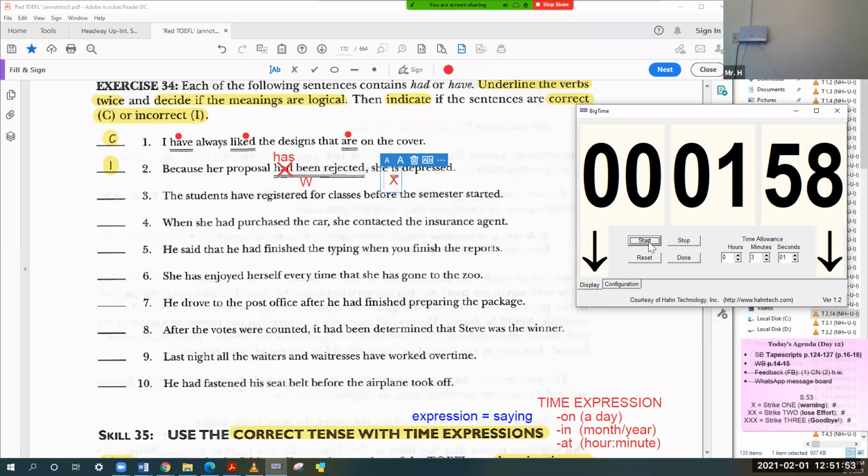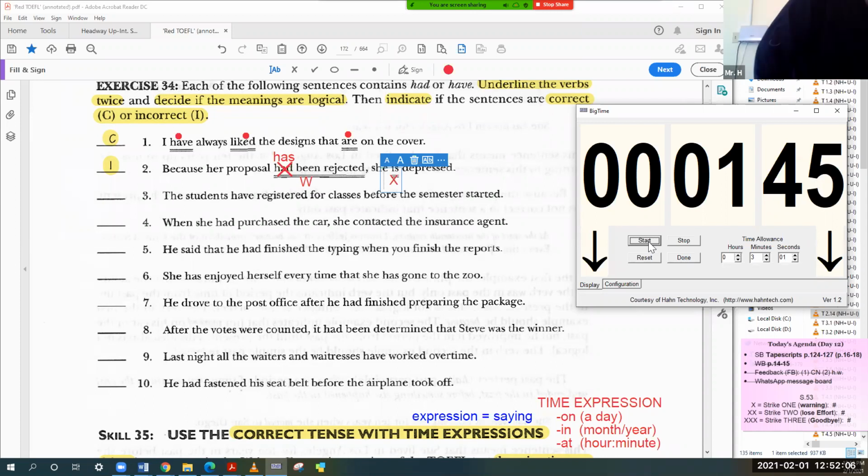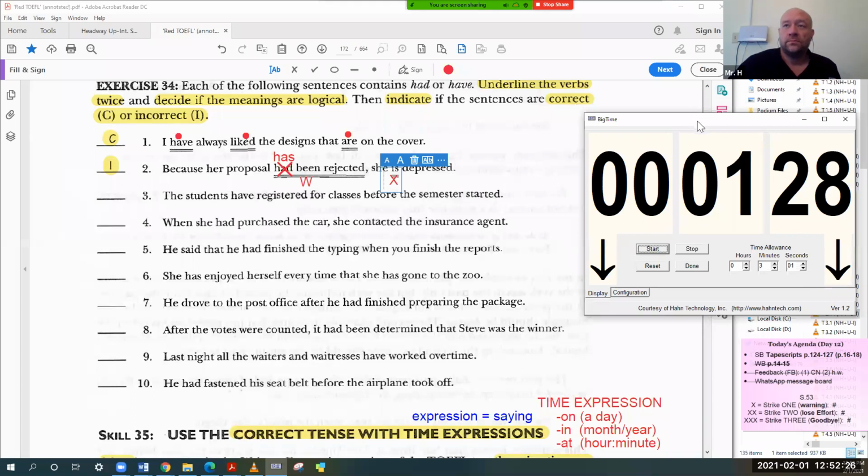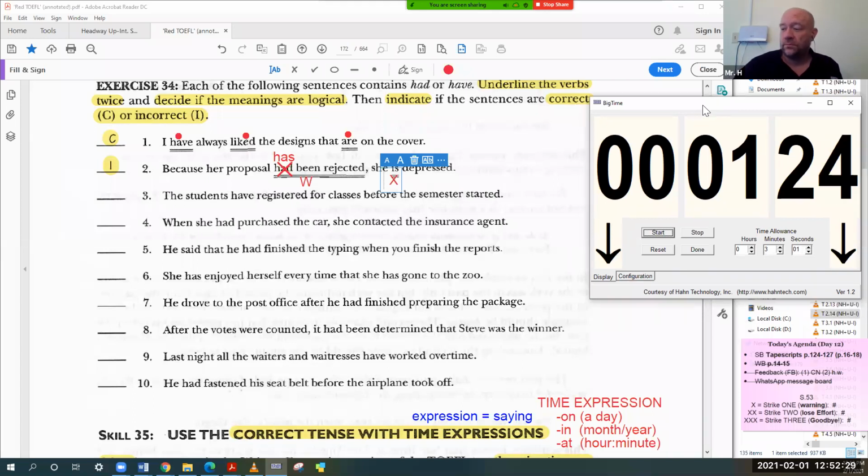Two minutes. One minute, 45 seconds. One minute, 30 seconds. One minute, 15 seconds.